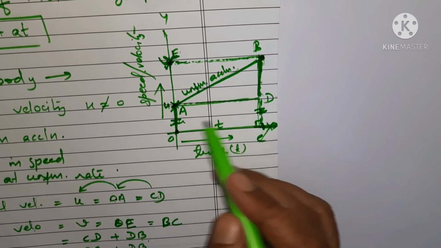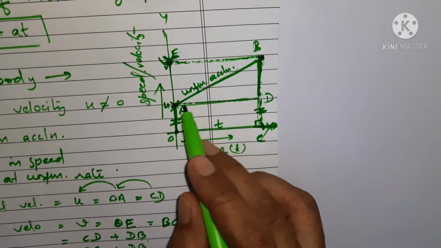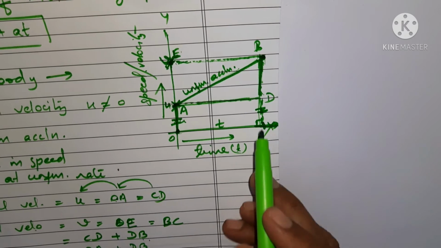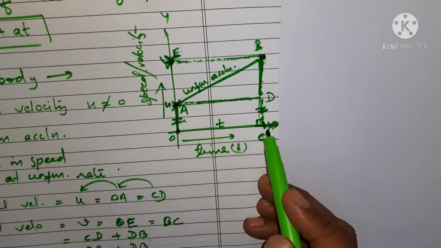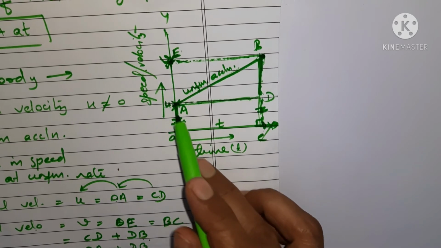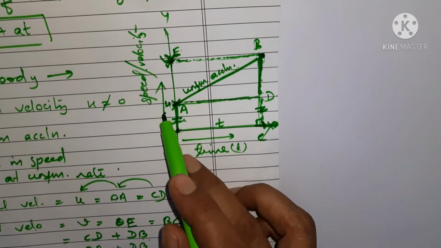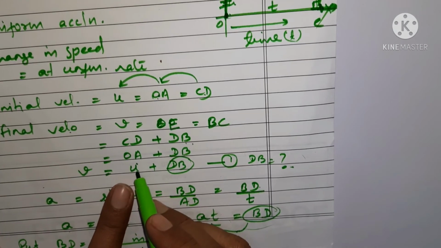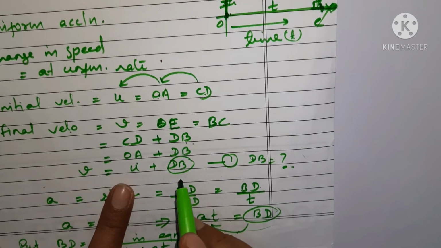Why has it become a rectangle? Because we have drawn a line parallel to the time axis, right? So this is equal to this. That means instead of writing DC, we can use OA, and OA is equal to U, the initial velocity. So instead of OA, we have written U here, and DB is already there.